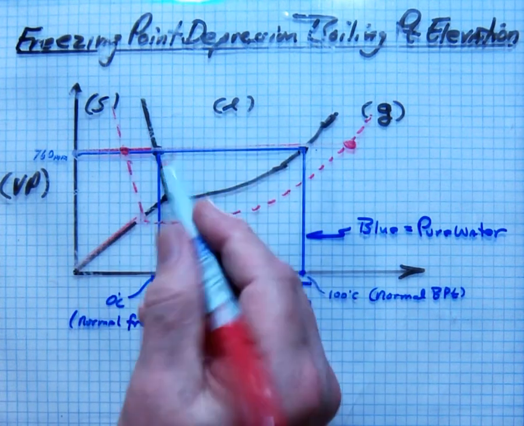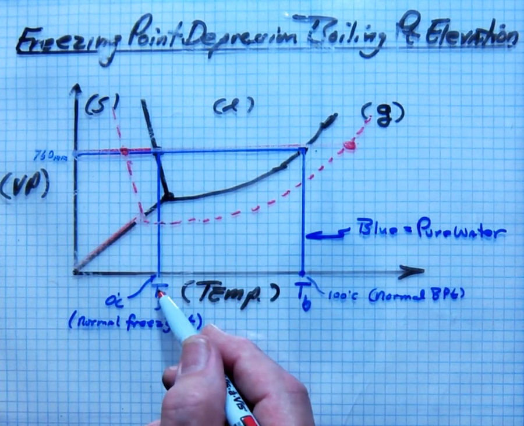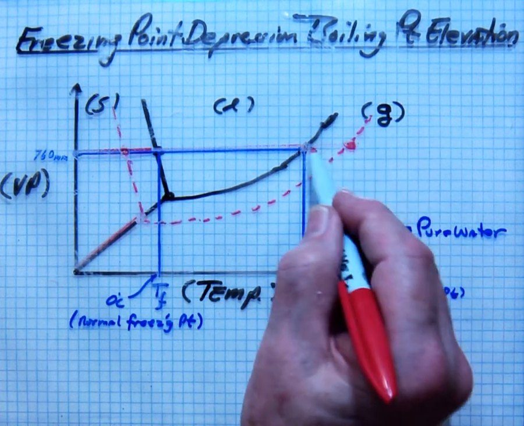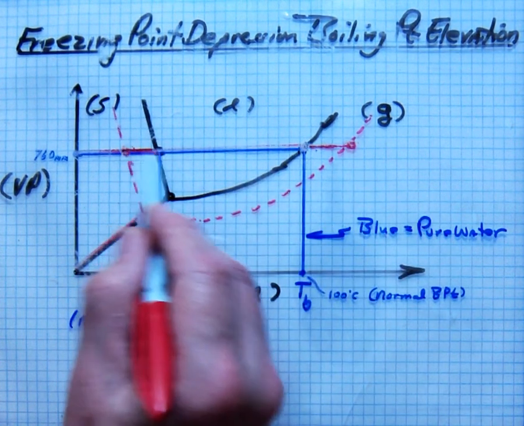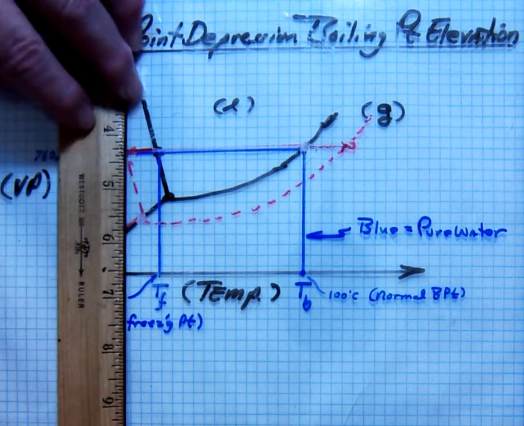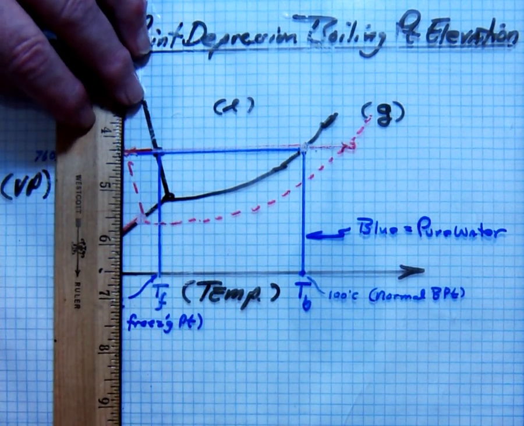See how it shifts? The normal freezing point was here. The normal boiling point was here. But now we've shifted out to these points out here. And so I drop a line down to the axis.